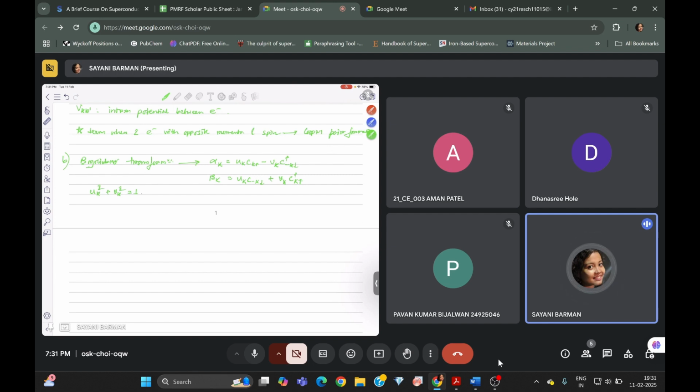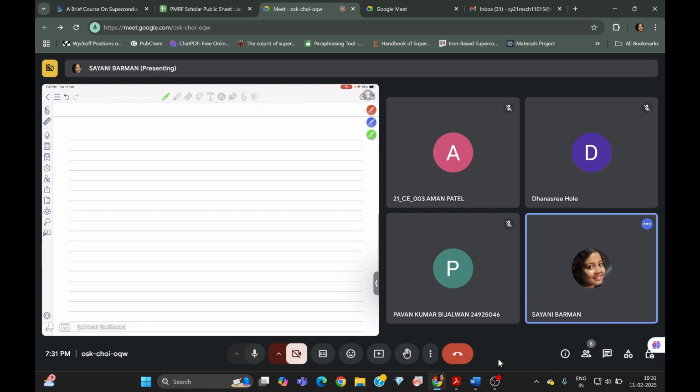Now from BCS theory, we also know that uk square is equal to half of 1 plus zeta k by E k, and vk square is the similar thing, just with a negative sign.